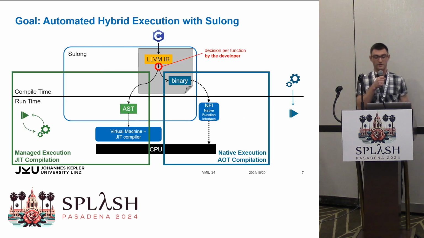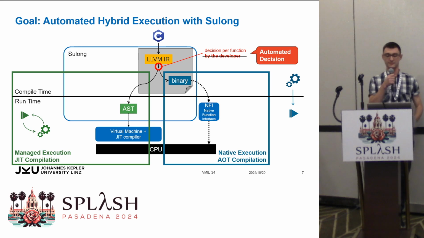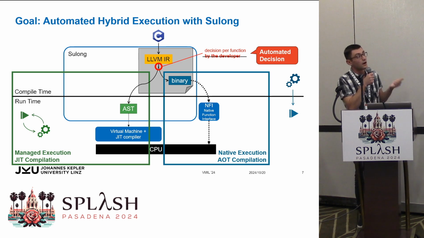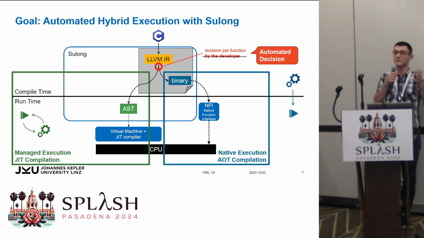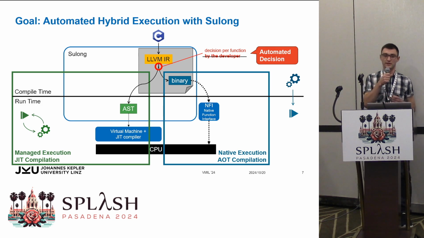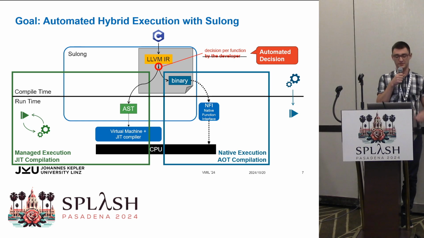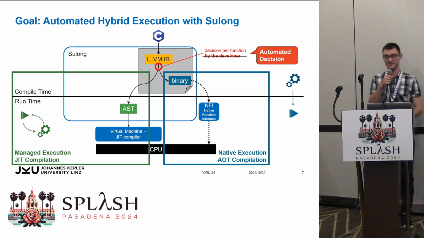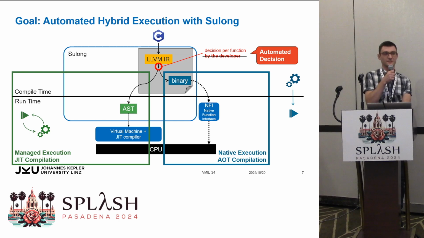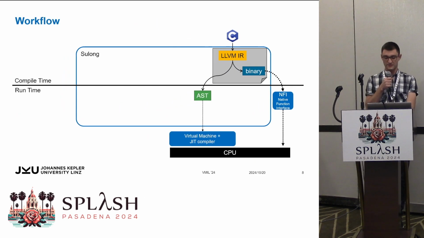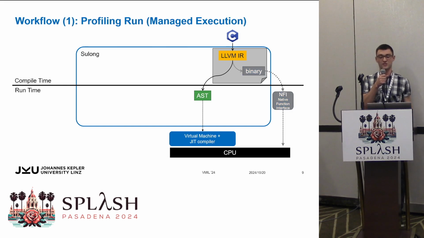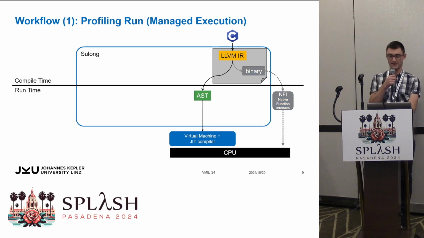Our goal now is to extend this and to make an automated decision. On the one hand, the programmer doesn't know the whole program code, and also doesn't need the deepest compiler knowledge, if this decision is automated. For this, we start the execution with managed execution only, in a profiling run.